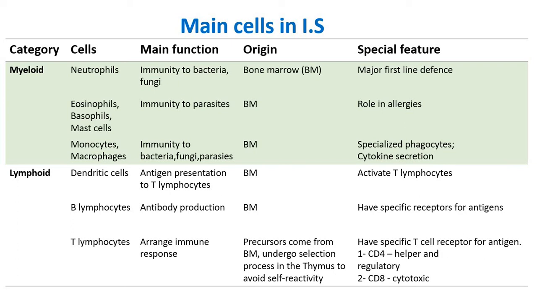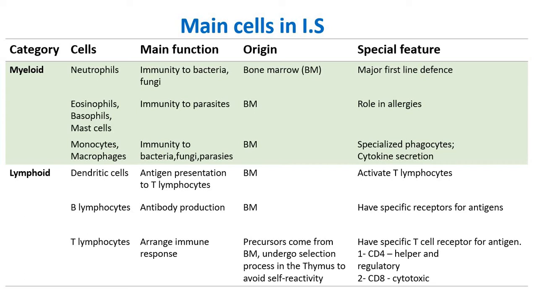Each of these cells has different functions of its own. The main function of neutrophils is immunity against bacteria and fungi. Neutrophils originate in the bone marrow, and they are the first line of defense of the body.